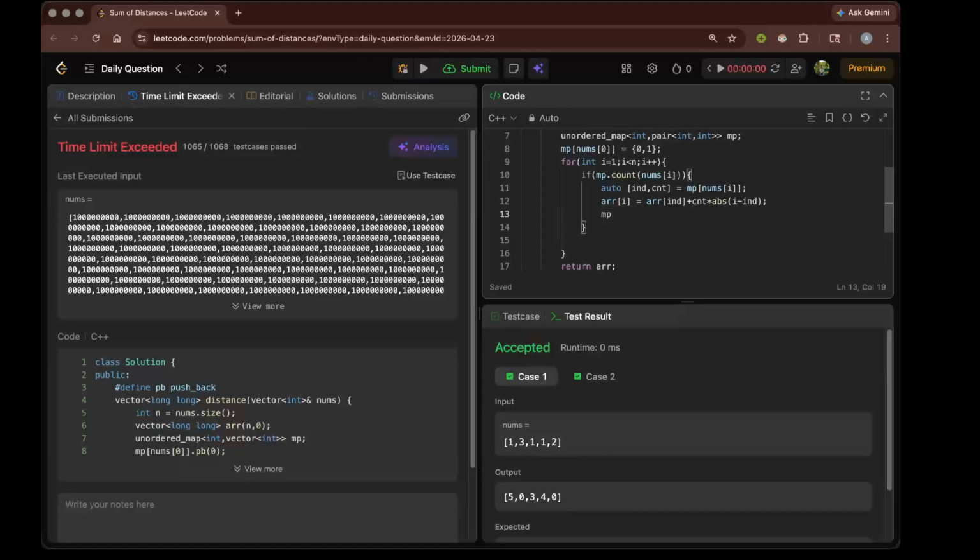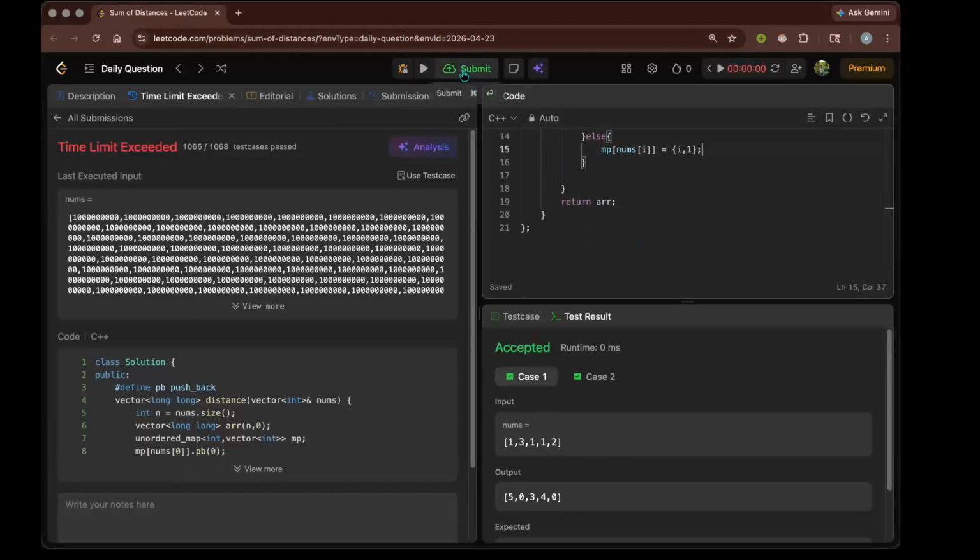MP of nums of I should store the new index, the last index that we called, count plus one. Else, that is not found, ARR of I, whatever it is, would remain the same, and we should store I comma 1.